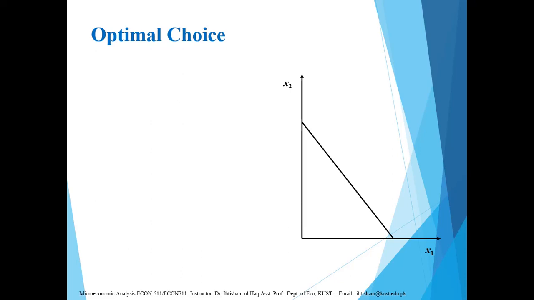This is the budget line. As we studied in earlier classes, the budget line shows different combinations of two commodities that exhaust the consumer's budget at given prices.